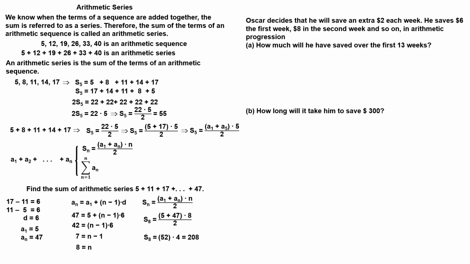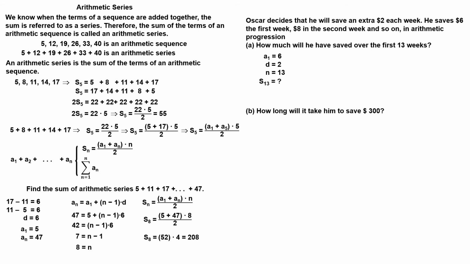Start by writing down what you know and then what you need to find out. We know this sequence has 13 terms. The first term is 6 and the common difference is 2. The sum of the amount saved in the first 13 weeks is denoted by S sub 13.